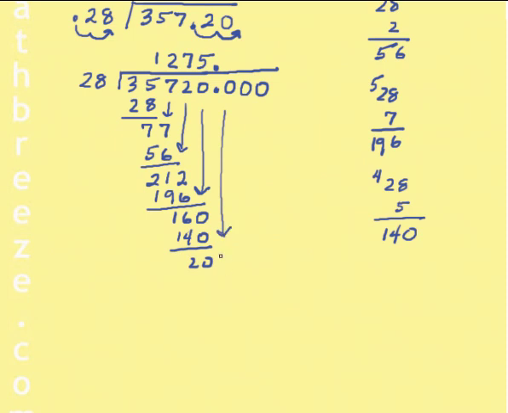Okay. 28 into 200. Let's try 7 times. 28 times 7 is 196. So let's do that. Remainder 4. Okay, that's our first decimal place.